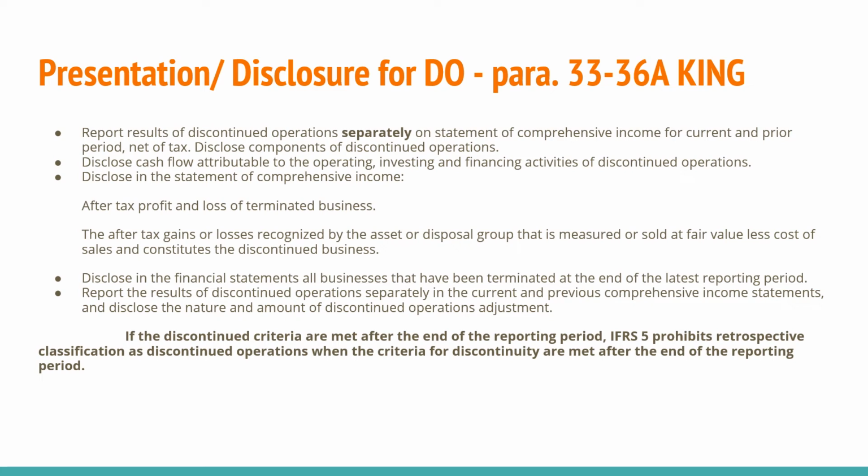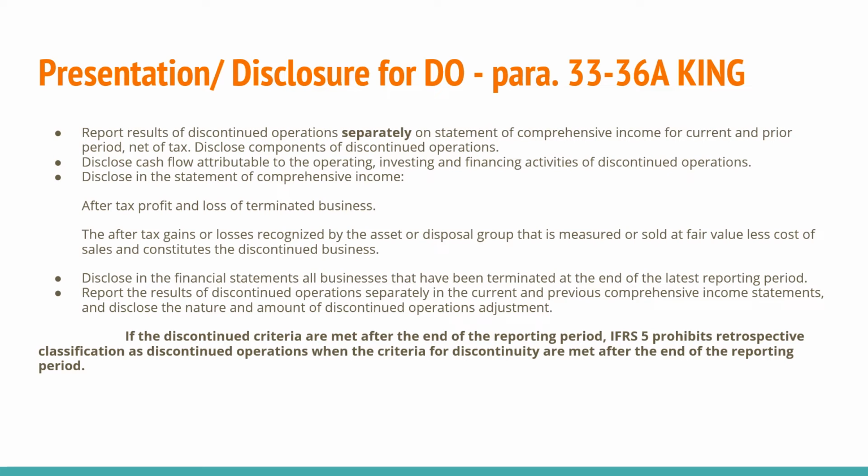Paragraph 34: an entity shall re-present the disclosures in paragraph 33 for prior periods presented in the financial statements so that the disclosures relate to all operations that have been discontinued by the end of the reporting period for the latest period presented.